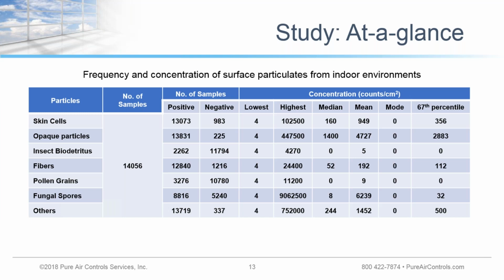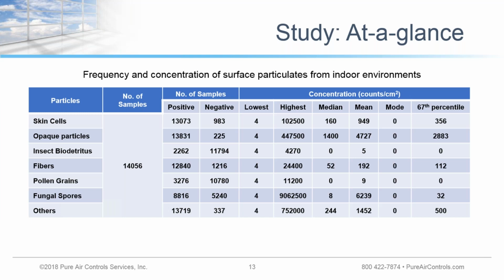Let's look at the numbers. Out of 14,056 samples, we have recorded about 13,073 samples positive and only about 983 samples negative. The lowest concentration of skin cell per centimeter square is about 4, and the highest is 102,500.